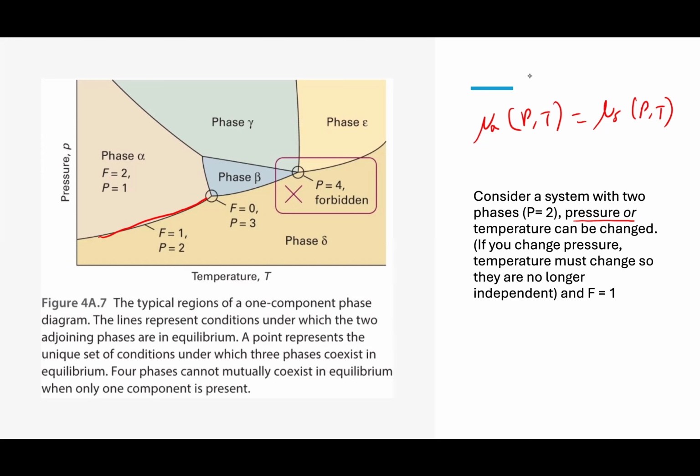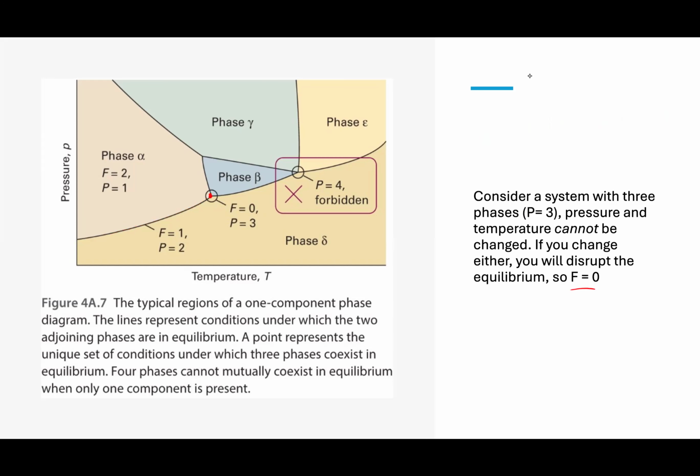If we go to a three-phase system like this, and look again at this point here, mu of alpha is a function of pressure and temperature. That has to equal mu of delta with its pressure and temperature, and it has to equal mu of beta, which has its pressure and temperature.